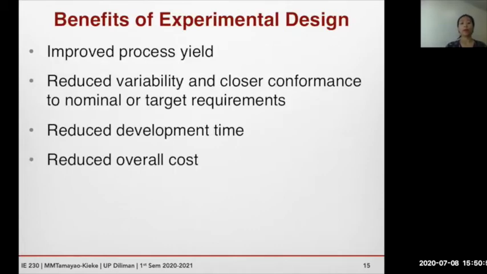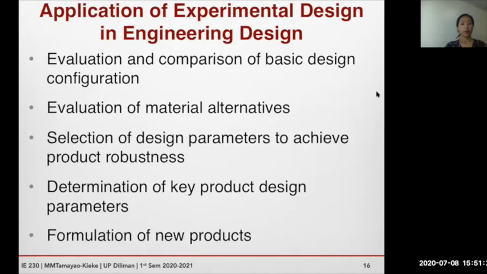Now, the employment of experimental design, especially in early product or process development, can result in several benefits. These include improved process yield, reduced variability and closer conformance to nominal or target requirements, reduced development time, and reduced overall cost. And there are several applications of experimental design in engineering design.